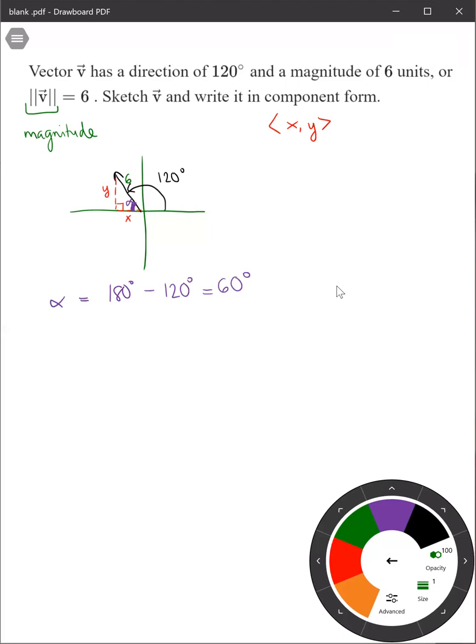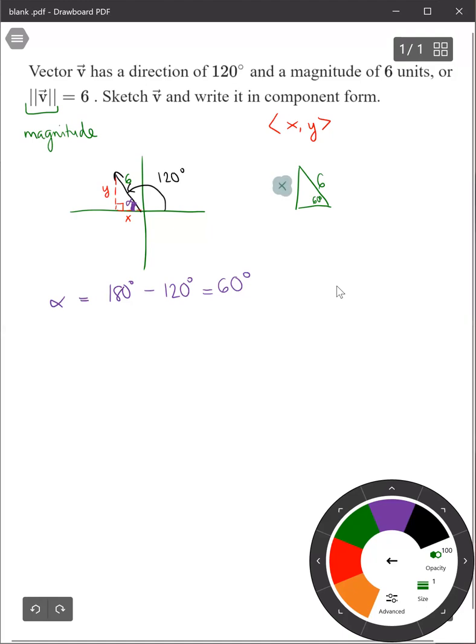Okay. So if I redraw the right triangle just by itself, I have 60 degrees here. I have 6. I have x. Sorry, I have y and I have x. So x will be the adjacent side and y will be the opposite.